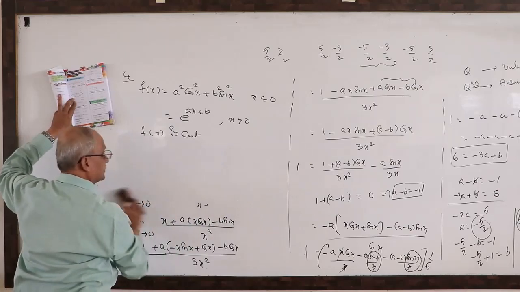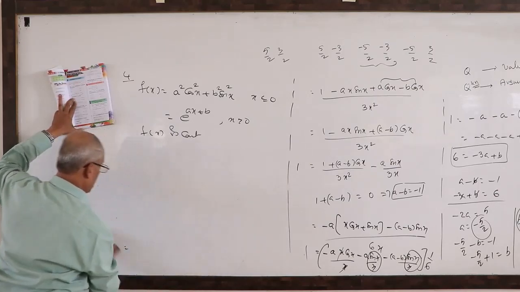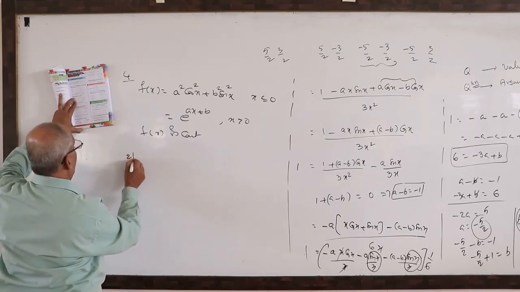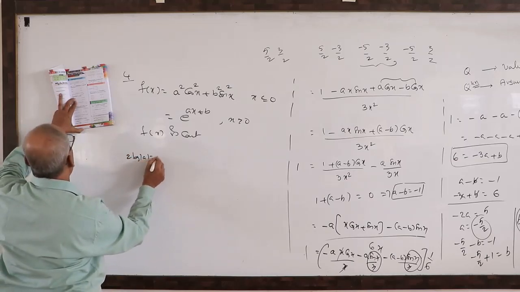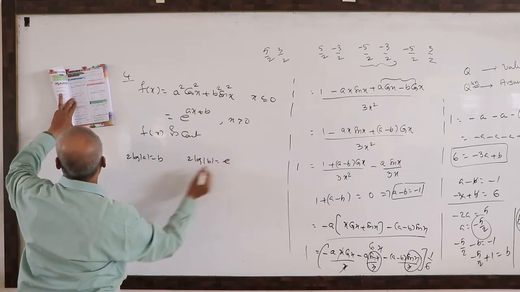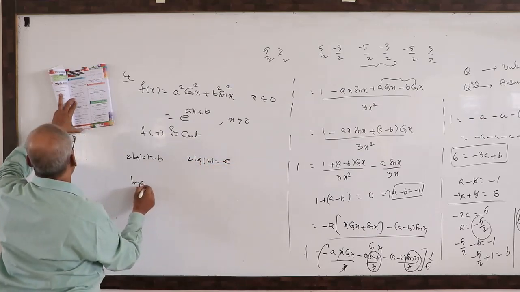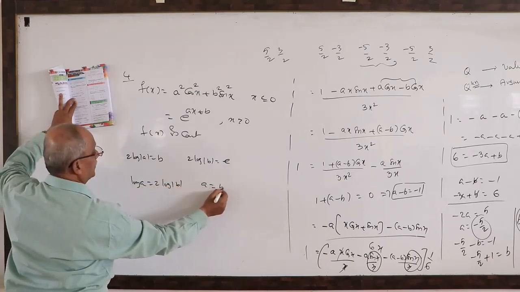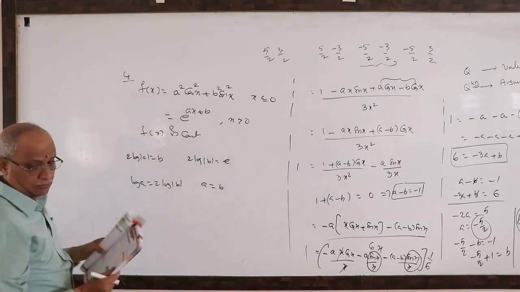Answers. He is asking some relations. What are the relations it is given? 2 log mod A, B. Twice log mod B is E. Log A is 2 log B. A equal to B. That means according to ABCD, what is observation?